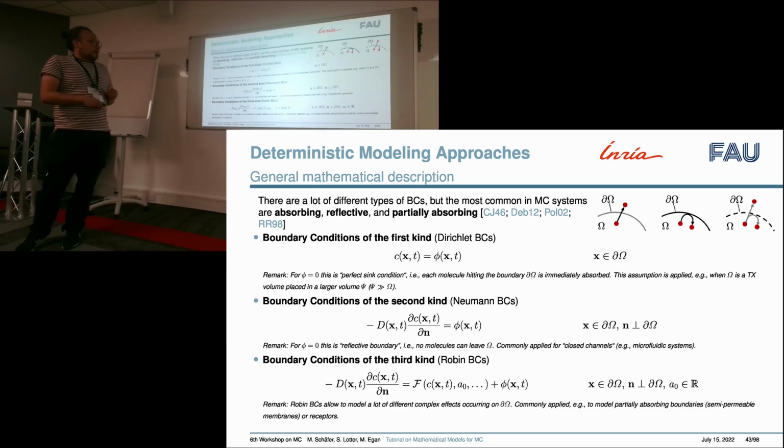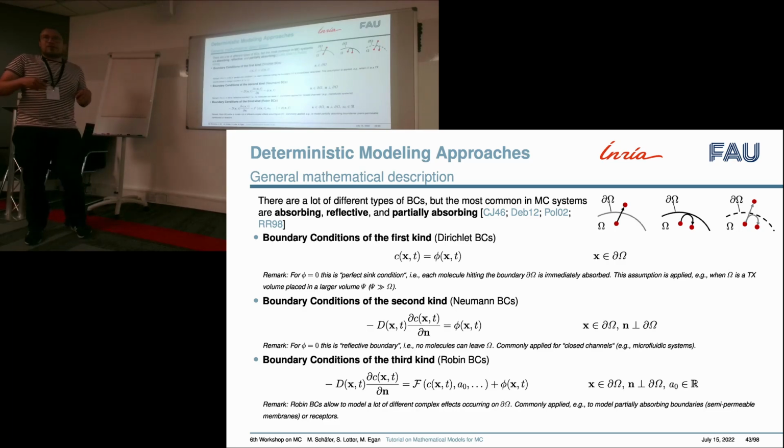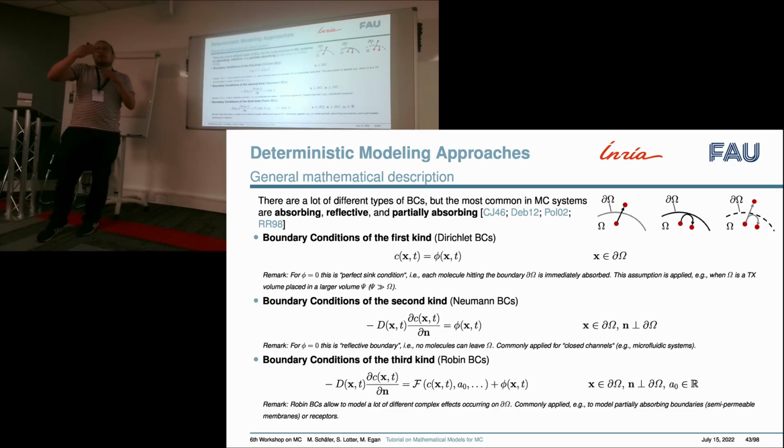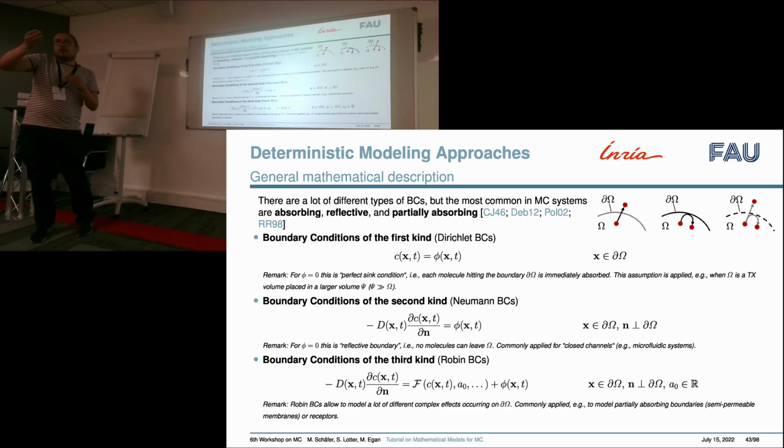It relates the flux of molecules with some function of concentrations or more parameters. What we could model with that is a partly absorbing boundary. That means when a molecule comes to the boundary, there is a certain probability that it's reflected, or a certain probability that it goes out or to the next system which is attached to that.